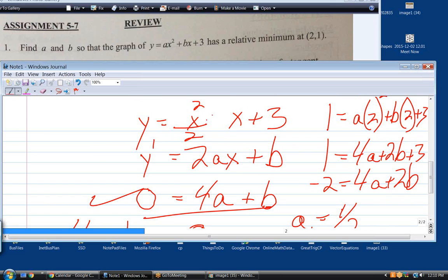Now let's just do a quick check as to whether that point works. When x is 1, we have 1/2 minus 2. Let's see. No, excuse me. When x is 2, we have 4 over 2.